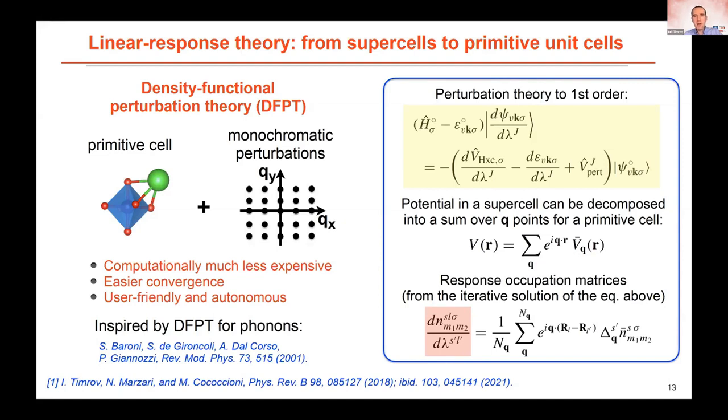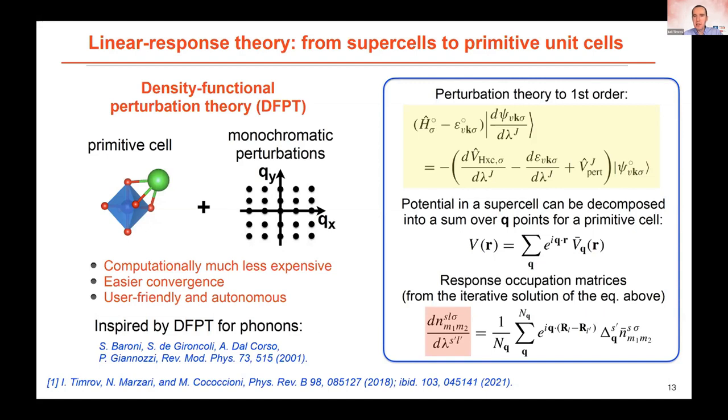This idea of going from supercells to primitive cells with monochromatic perturbations is not new. It was used two decades ago, or even three decades ago, to be more precise, to compute phonons. This is the famous phonon package of Quantum ESPRESSO. And also tomorrow you will learn that exactly the same idea can be used for Koopmans functionals to determine the screening coefficients.